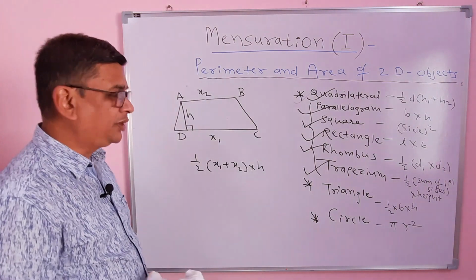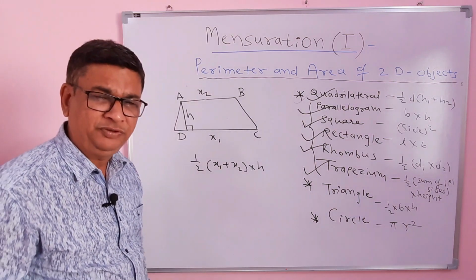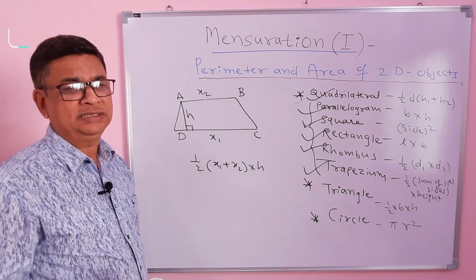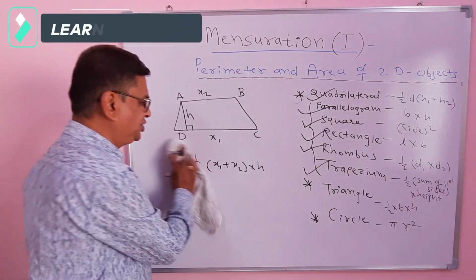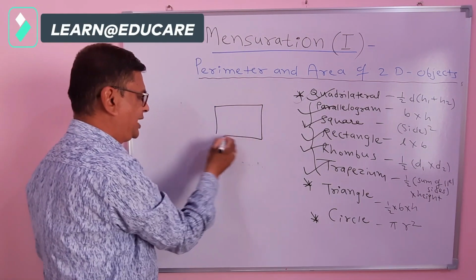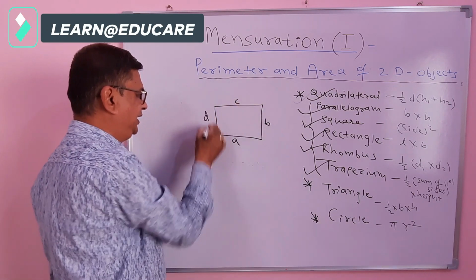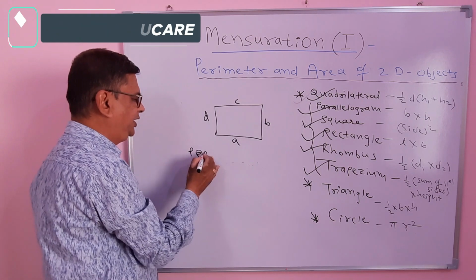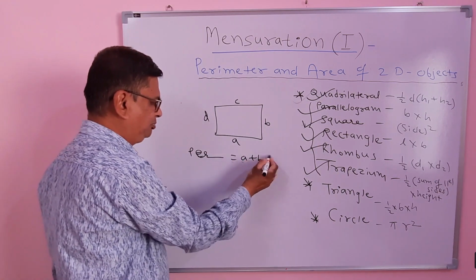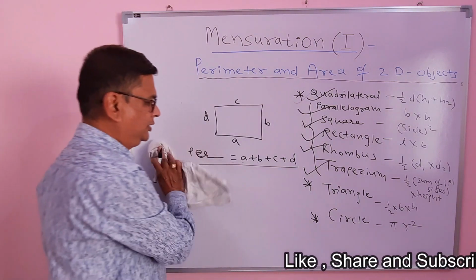All these quadrilaterals have the same formula for perimeter, which is the sum of all sides. For a general quadrilateral with sides a, b, c and d, the perimeter is a plus b plus c plus d.